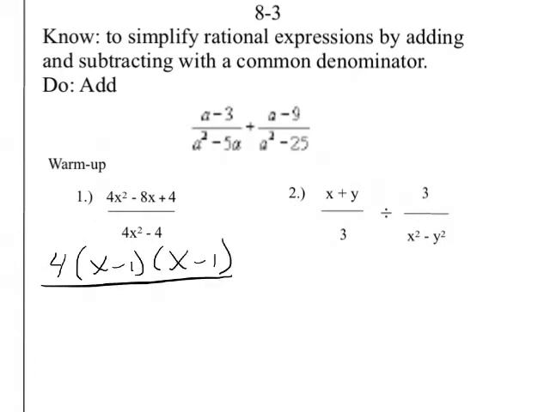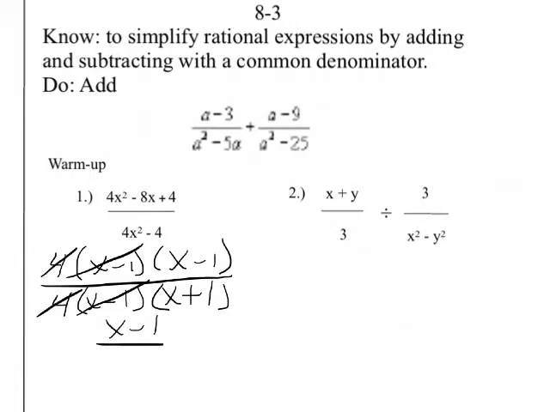On the bottom, you factored a 4 out as well, and you were left with x squared minus 1, which factors down into x minus 1 and x plus 1. Now, looking here, I see that the 4's and the x minus 1's divide out, leaving us with x minus 1 over x plus 1.